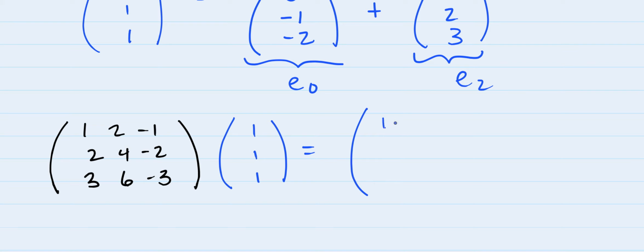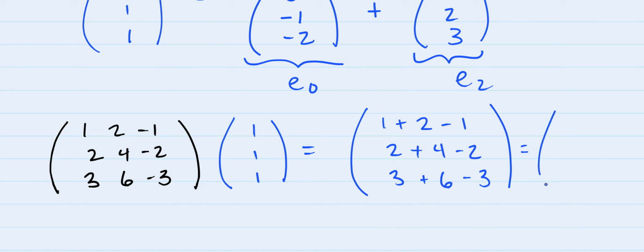Well, we get 1 plus 2 minus 1, 2 plus 4 minus 2, 3 plus 6 minus 3, which is equal to, so these cancel, we get 2, 4, 6. Okay, you can see that 1, 1, 1 is not an eigenvector, because if you multiply this by a 2, you'd get 2, 2, 2.